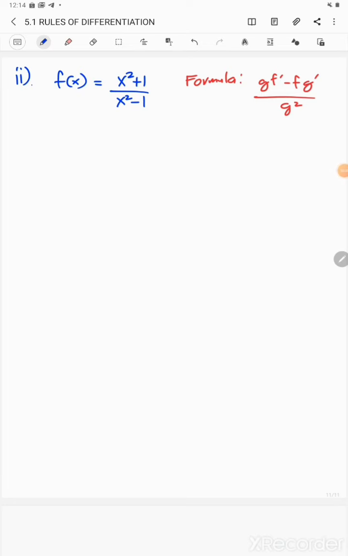This is example 2. f(x) equal to x square plus 1 divided by x square minus 1. So this is f and this is g. Differentiate one by one, remember always start with g.